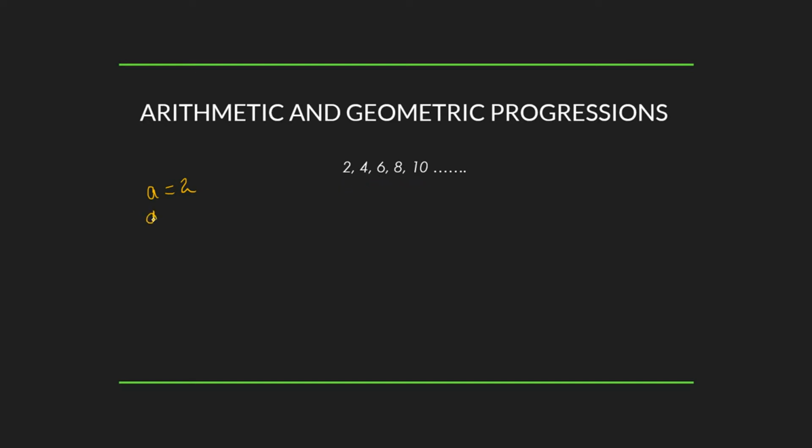D is the common difference. So we can write the second term as A plus D. Similarly, the third term can be written as A plus 2D. And the nth term can be written as A plus (n minus 1) into D.